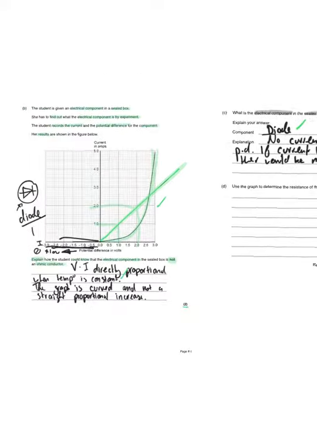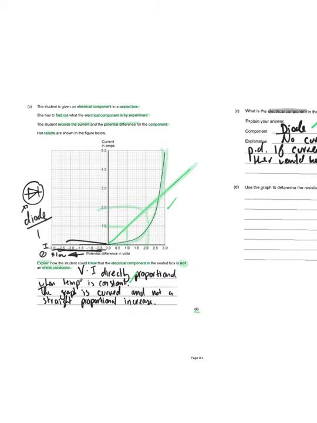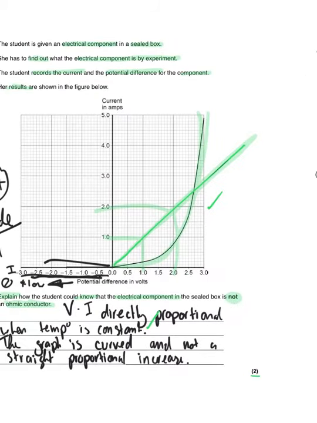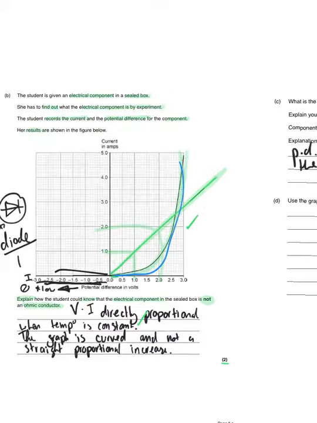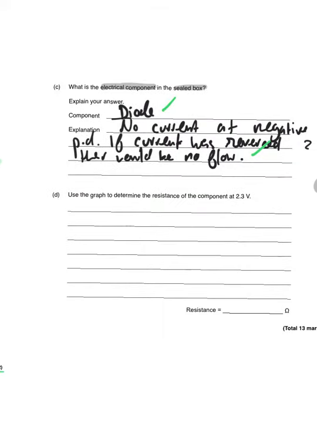And then just to come back to my graph briefly, I also know that it's quite a distinctive curve for a diode. It works at very low potential differences, but it starts off, I'll do it in blue, very, very gradual and then kind of whizzes up really quickly. So I can put that in my answer as well.